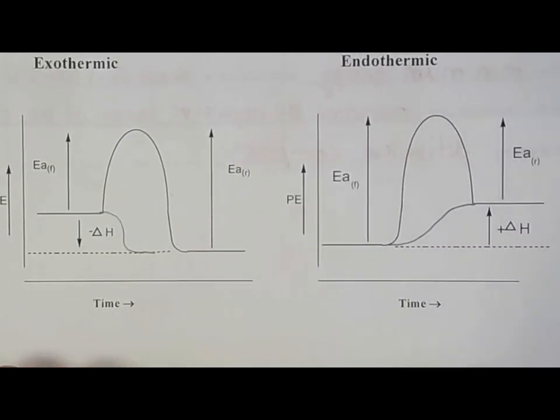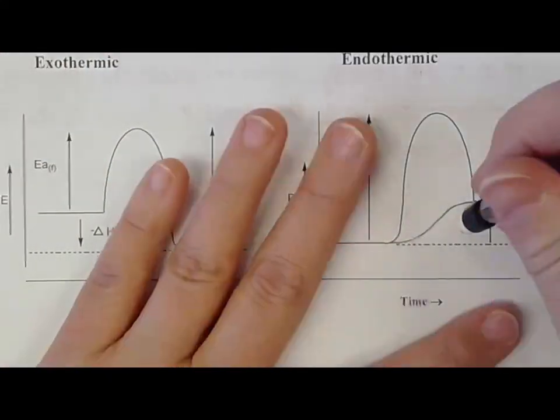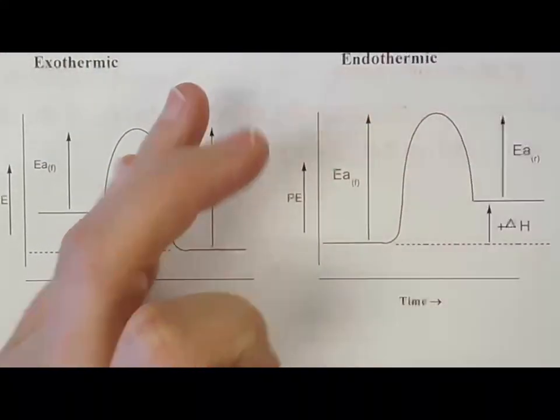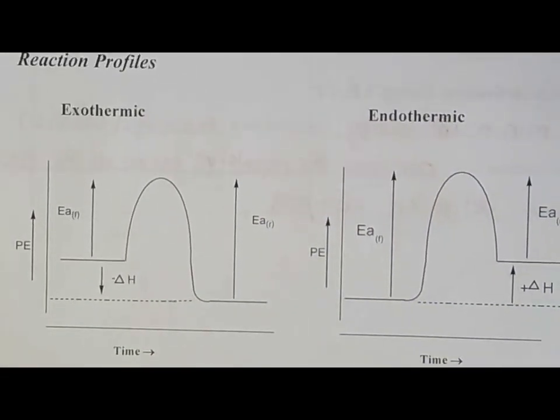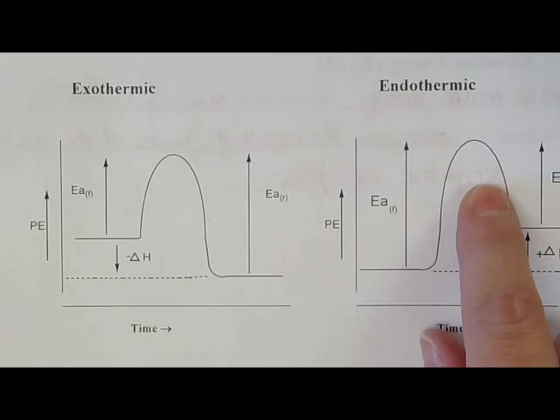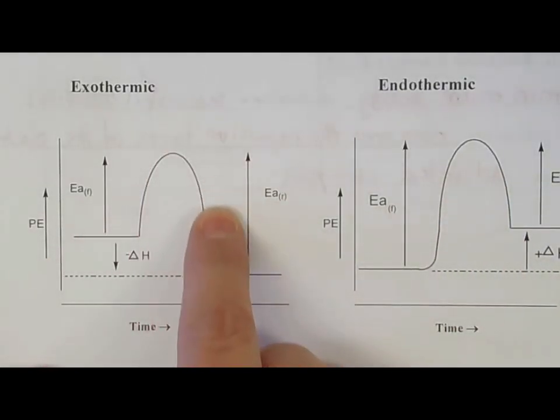Of course, in reality, it's more complicated. It actually requires activation energy. Both endo and exo require activation energy. So for both of these types of graph, you're going to see a big old hump, the activation energy hump. That's what I call it.